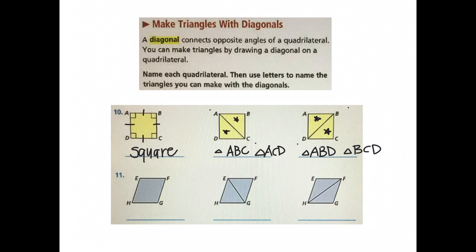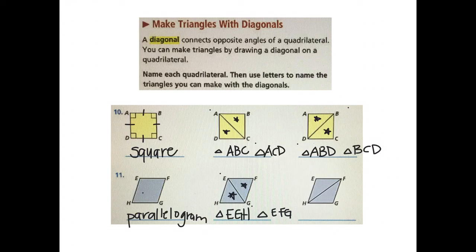All right, this next one is quadrilateral EFGH, and this is a parallelogram. The first diagonal they inserted was on the angle E and G, so that creates this first triangle here, and that one would be labeled triangle EGH. It also creates on the other side another triangle that we would label EFG using the triangle symbol.